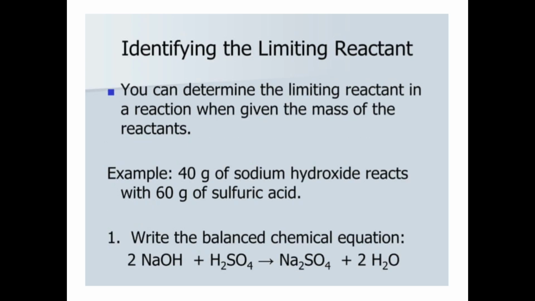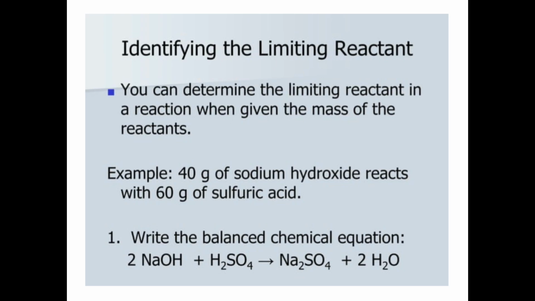Now, how do we identify the limiting reactant? We can determine the limiting reactant in a reaction when we are given the mass of the reactants. Let's take for example, 40 grams of sodium hydroxide reacting with 60 grams of sulfuric acid. If you write the equation for that reaction, you have NaOH plus H2SO4 giving Na2SO4 plus H2O.